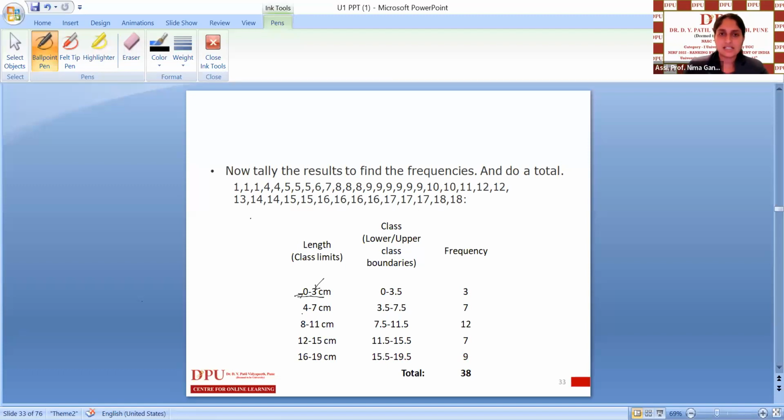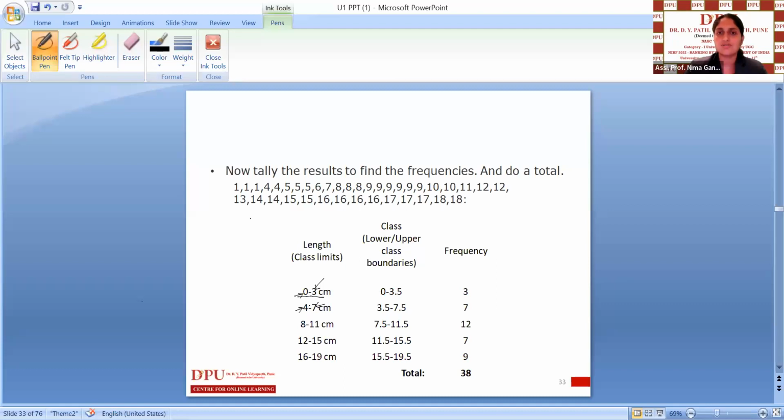Then for the second class, you have two limits. This is the lower limit for the second class. This is the upper limit for the second class, right? So if these two numbers are the same, meaning the upper limit for the previous class is the same as the lower limit for the next class, then only we are saying that the classes are continuous.